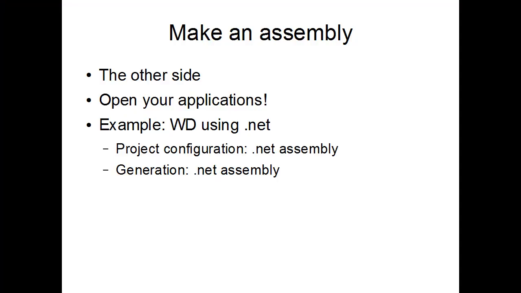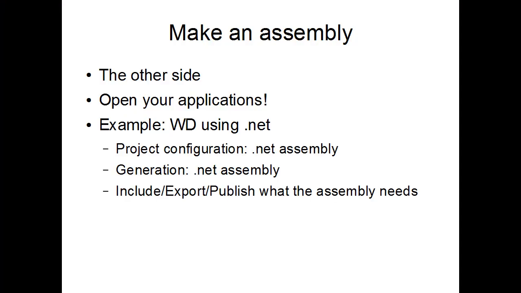So what else did I need to tell you? Yes, that's already told you that. Include, export or publish what the assembly needs. Remember that only the classes that you are exporting as public are visible from the other side. But if they need something else, if they need a global procedure, if they need windows, if they need reports, if they need anything, you need to include them inside your assembly in order for the classes to be able to use them.